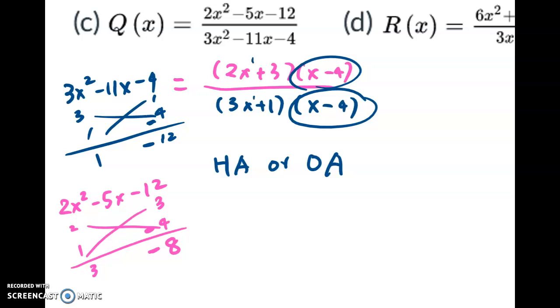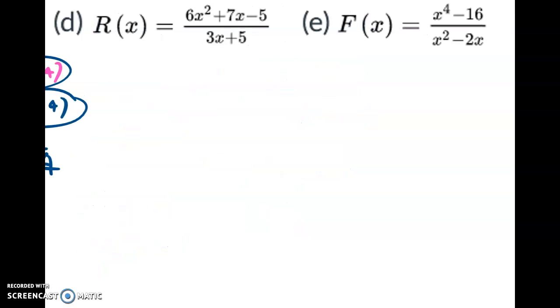Since the degree of the top is equal to the degree of the bottom, we will have a horizontal asymptote, right? We won't have an oblique asymptote. And it is equal to the quotient of the leading terms. So it will be 2x over 3x, which is y equals 2 over 3. We have a horizontal asymptote here. That's for C.